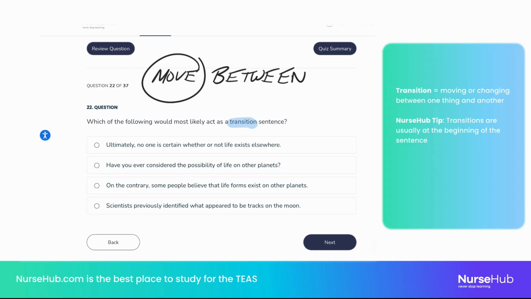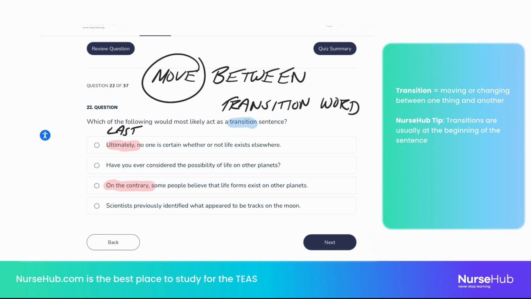Now here with transitions, we often have what we call a transition word. Transition words can be something like however, or due to this, or taking into account other things. And for this one, we have two phrases at the beginning of the sentence. We have ultimately, and we have on the contrary. Now, ultimately means the last.